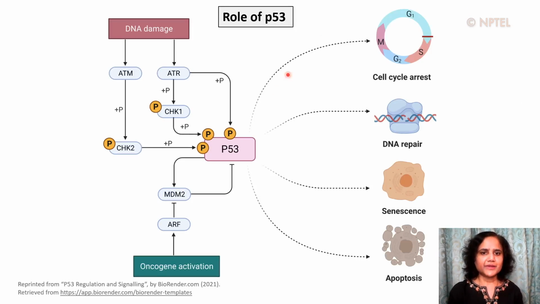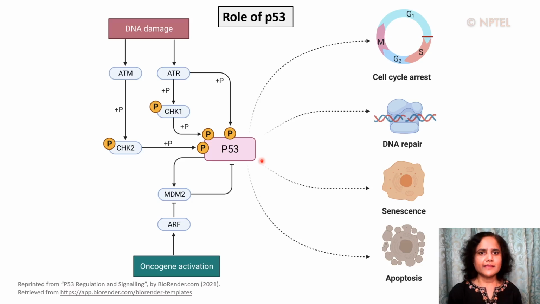Another tumor suppressor is p53. It also affects cell cycle progression in addition to its other roles. So p53 regulates cell cycle progression as well as apoptosis. DNA damage leads to induction of p53. It's phosphorylated, and also there's more of it.